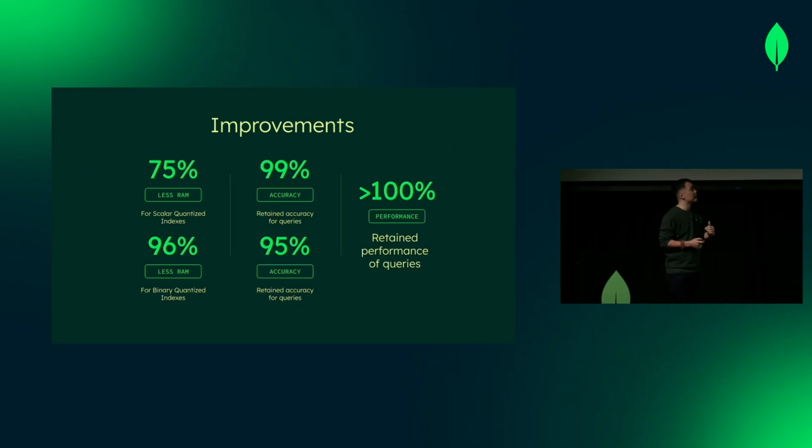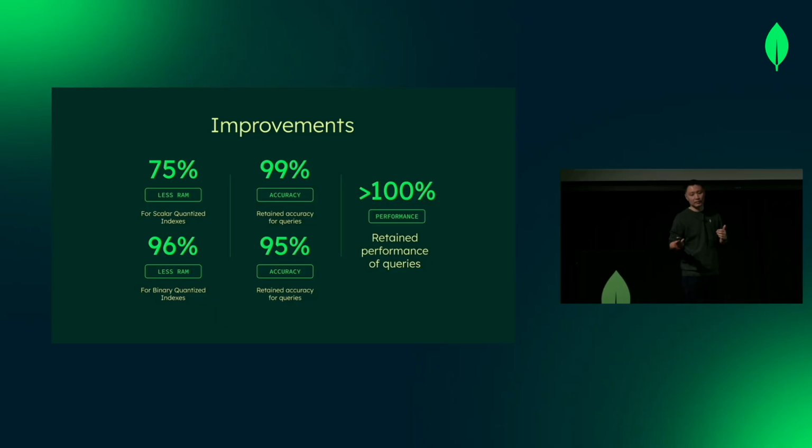On this slide, you will see some performance data we got. With scalar quantization, you can reduce the memory footprint by 75%. And if you use binary quantization, it will reduce your memory footprint by 96%. That's a huge improvement, but at the same time, you almost get the same accuracy.